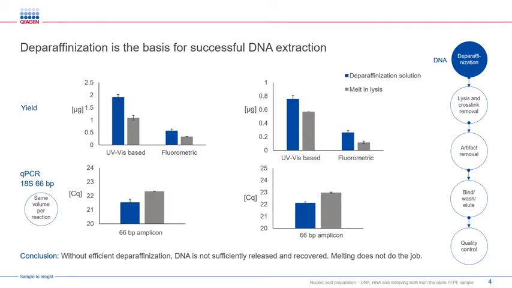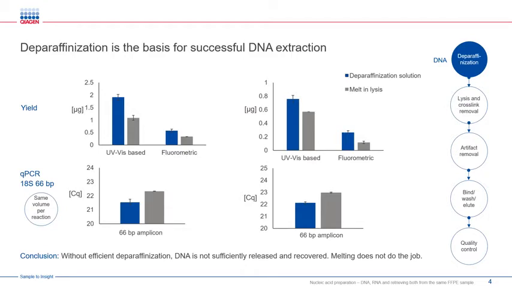This is done here for DNA extraction, and DNA yield has been determined by UV-vis-based quantitation like a NanoDrop, and also using a fluorescent dye-based assay. What you can see immediately is that UV-vis OD measurement tends to overestimate yields quite a bit. This is something that we are seeing systematically, particularly in case of FFPE samples.